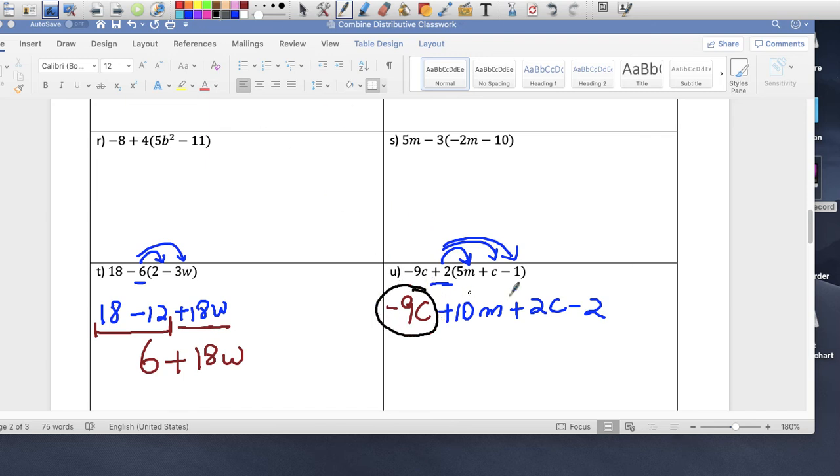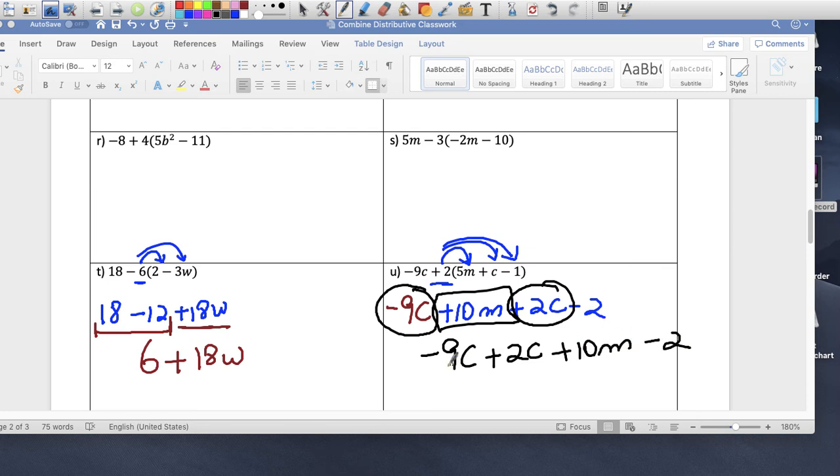This guy and this guy are going to be combined. So let me write them side by side. Negative 9c, plus 2c, and then minus 2 stays out. Combine these two guys. There's more negatives, right? So they're not friends. It's negative 7c plus 10m minus 2.